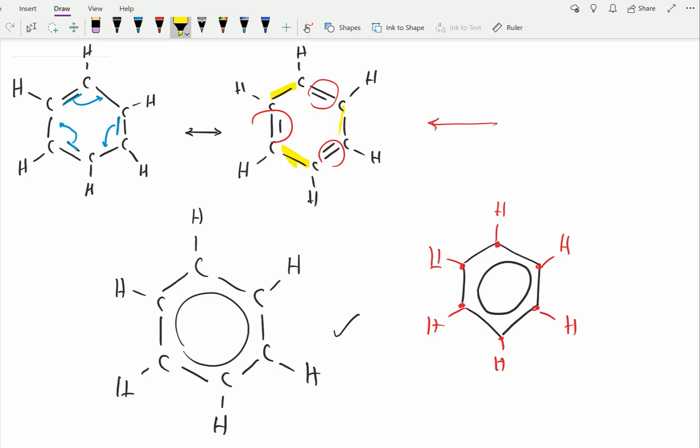And you know that carbon double bond carbon is shorter, carbon single bond carbon is the longer bond, so you wouldn't have the same bonds inside the ring. But when we look at the benzene ring, we have 6 equivalent carbon-carbon bonds, which shows that all of these carbon-carbon bonds are exactly the same, and that suggests that we have resonance structures, and the real benzene molecule is what I have drawn here. We have the delocalized electrons.